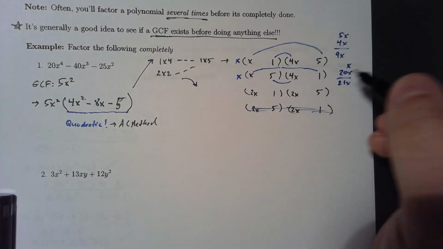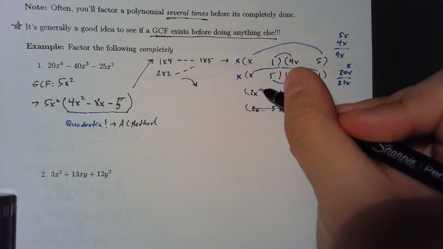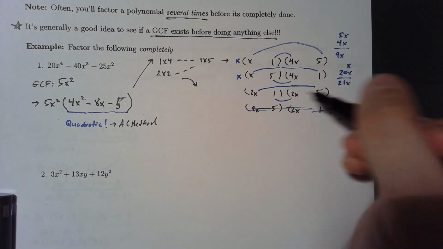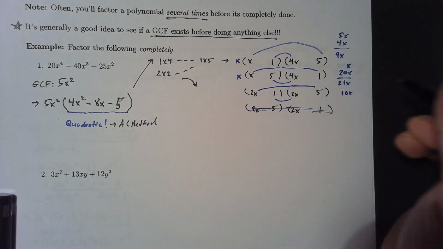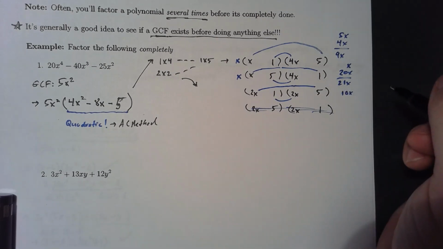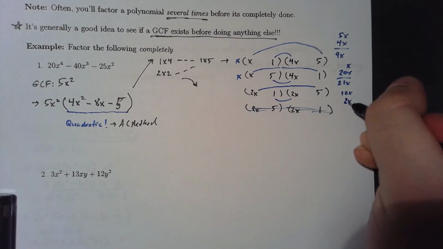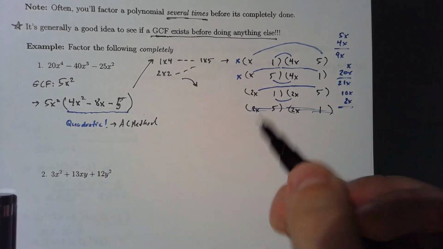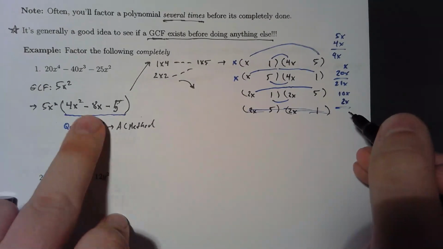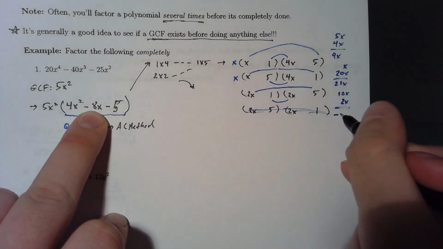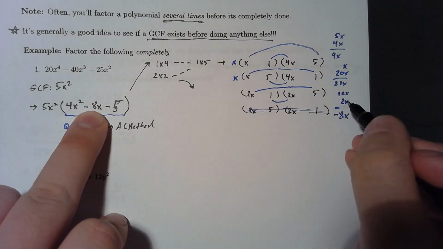What about this one? This is the only one left. It should work. 10x, and inside is 2x. Is that going to give me 8x? Yes, it could. So I need negative 8x, right? How do I get that from what I have?